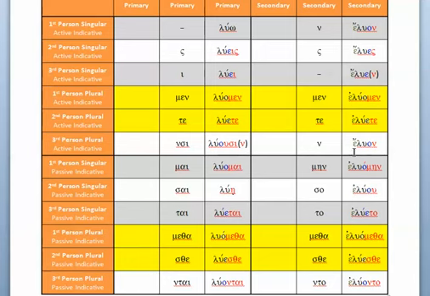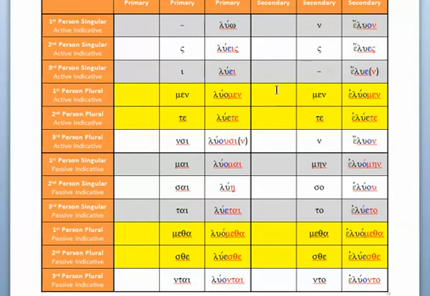Beyond that, what you'll notice both above the line and below the line is that the first and second person plural in both cases, both the two parts above the line and the two parts below the line, are exactly the same.